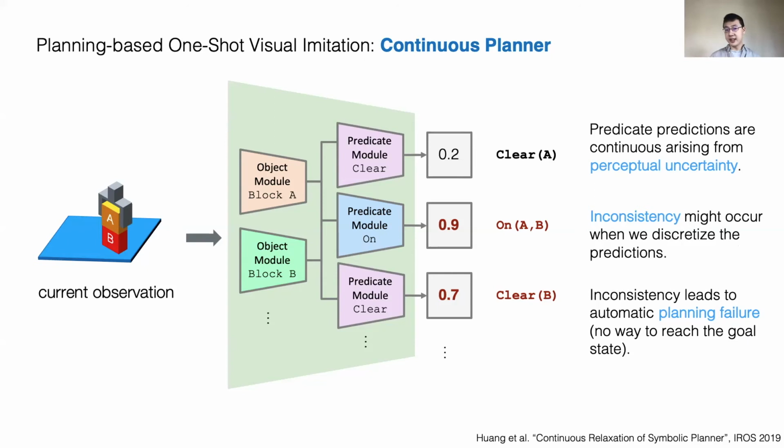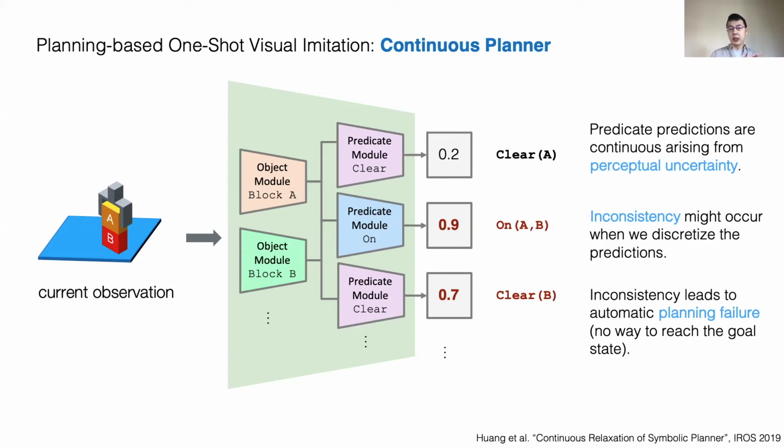As you might already see here, one potential problem of this symbol grounding is that we do not always get the correct result. For example, the model can very well have high scores saying block B is clear, nothing is on top of B, as well as saying block A is on top of block B. So this leads to some kind of inconsistency.